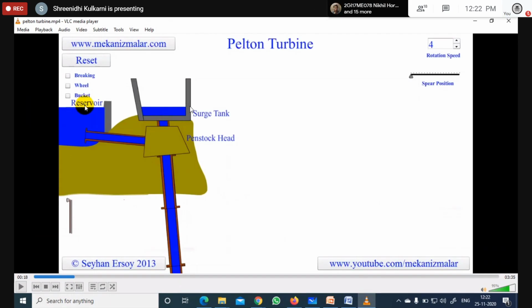But once the surge tank is there, it maintains a constant head to the turbine. That's why the surge tank is very important in a Pelton turbine.